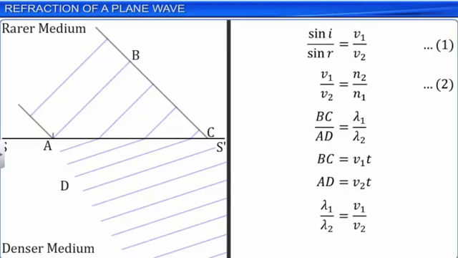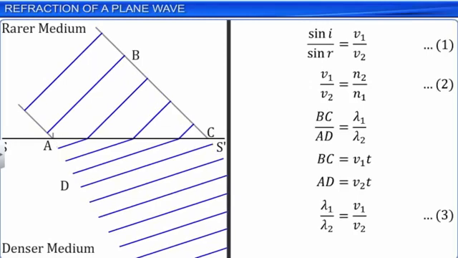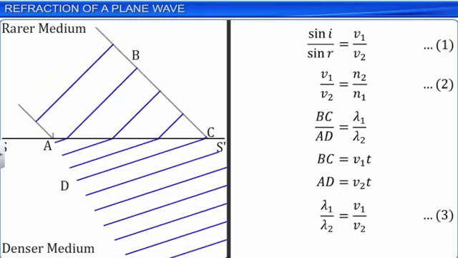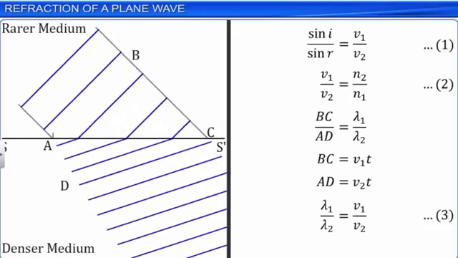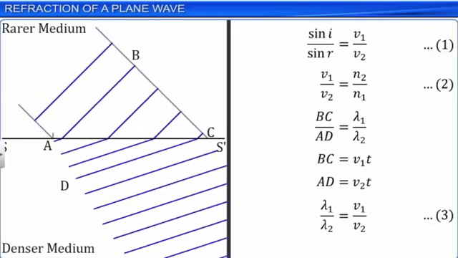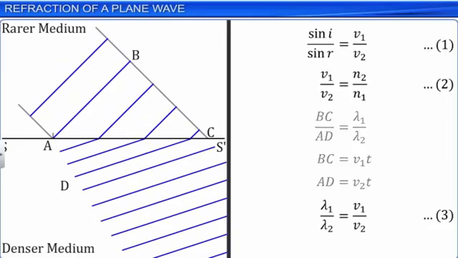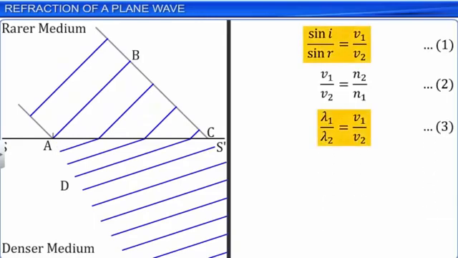Let this be equation 3. Equation 3 implies that when a light wave refracts into a denser medium, its wavelength as well as velocity decreases. From equations 1 and 3, we can write sin I by sin R is equal to lambda 1 by lambda 2.